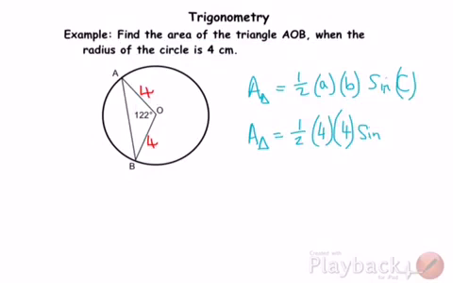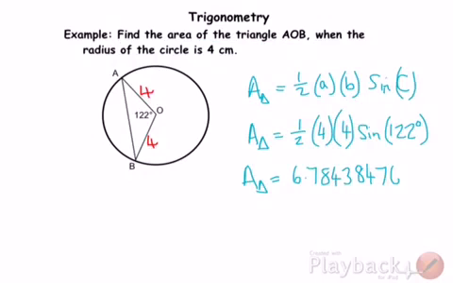So I'm going to do sine of 122 degrees, and when I put that in my calculator I get 6.784384769. Again, there is no explicit number to round to, so I'm going to round to the nearest whole number and say it's approximately 7 centimeters squared.